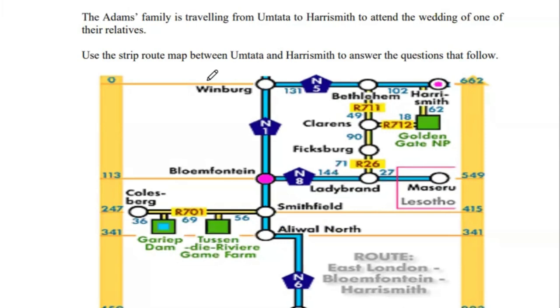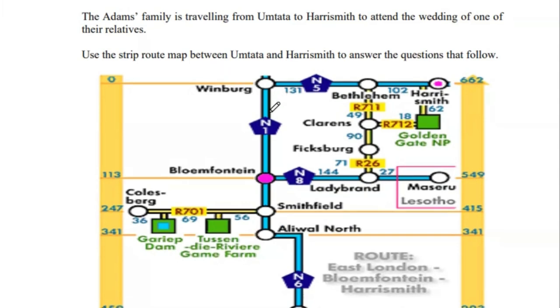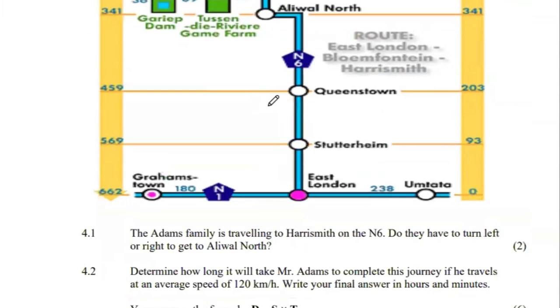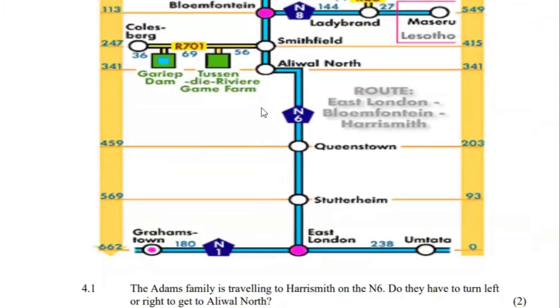All right. What we're going to do is going to be so simple. Let's study the map. Umtata is here. It has a distance of 238 from Umtata to East London. And the distance that we see on the map here is only this straight road.